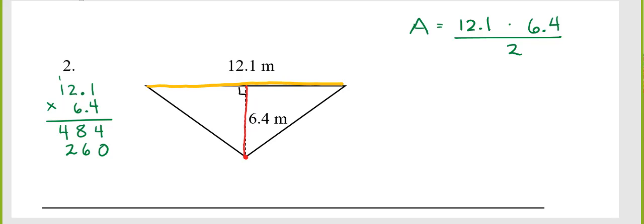Carry the 1. 6 times 1 is 6 plus 1 is 7. 4. 8 plus 6 is 14. 4, 5, 6, 7. 7. How many decimal places do we need? 2. Move the decimal over 2 places.